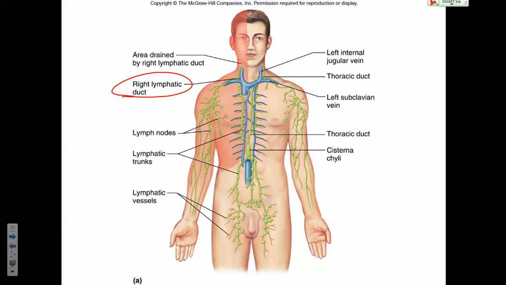But the thoracic duct, the largest of all, is this one right here. The thoracic duct drains the upper left part plus both sides of the lower part of the body. That's why it's the largest of the collecting ducts. So know what areas of the body the right lymphatic duct and the thoracic duct drain. It's typed in your notes two slides before this.